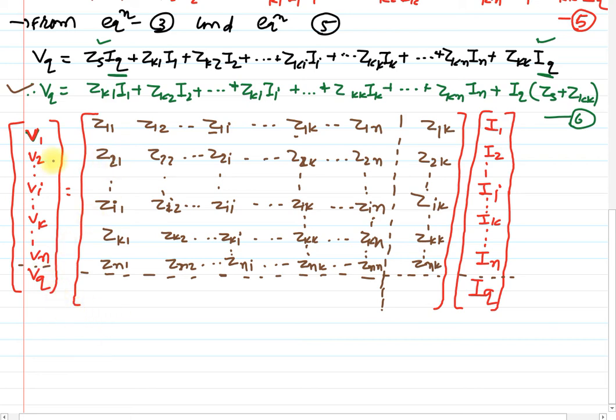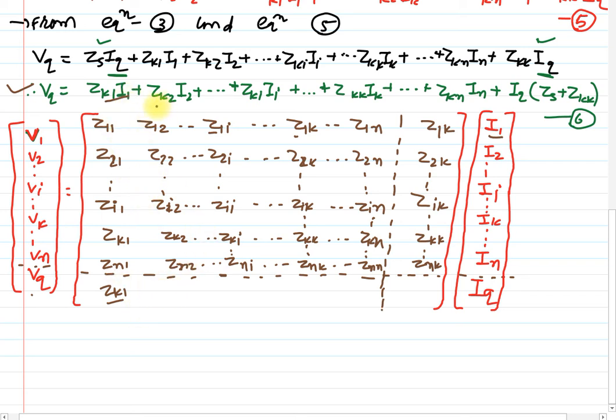Now here we need to write the voltage at qth bus, which is elements of the voltage at qth bus in terms of impedance, which is Z. The first element Zk1, just map here, Vq is equal to Zk1 into I1. So clear up to this first element.